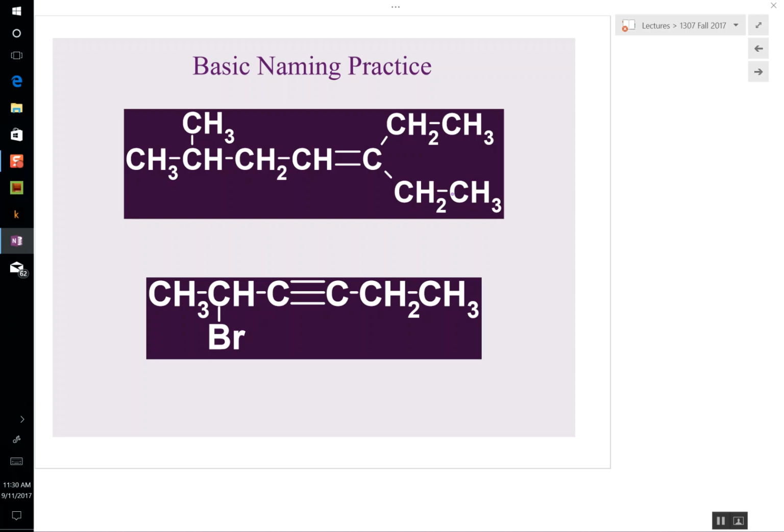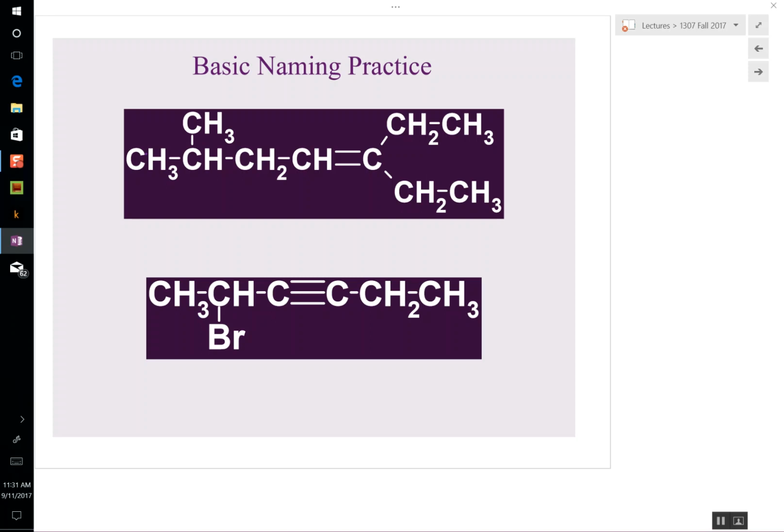Longest chain? 7. All right, 7. Now, if I started over here, 1, 2, 3, 4, that gets me to that carbon on the number 4. But if I start here, 1, 2, 3, I get to the start of that double bond on the number 3.